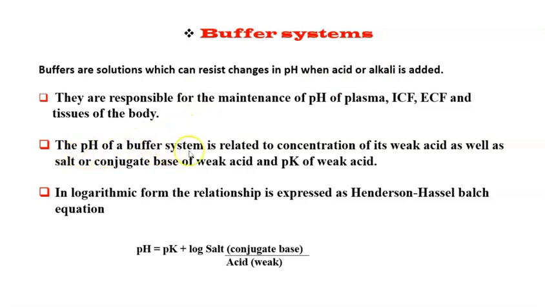Now, the pH of a buffer system is related to the concentration of its weak acid as well as its salt, the conjugate base of the weak acid, and the pK of the weak acid.